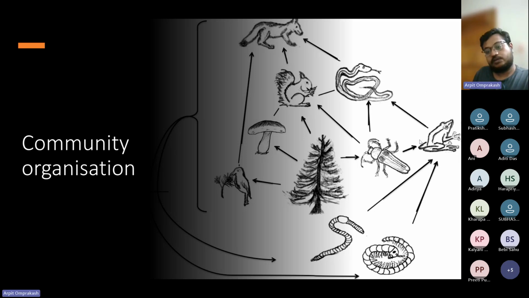How does phytoplankton dispersion take place? So generally, I think via wind. So basically, these phytoplanktons are generally found in the oceans and other areas.